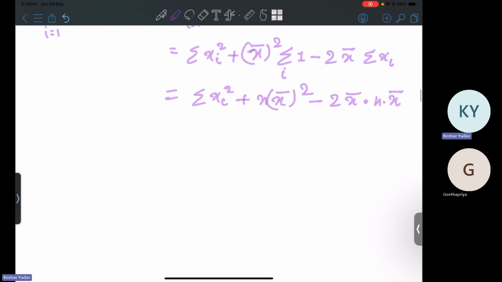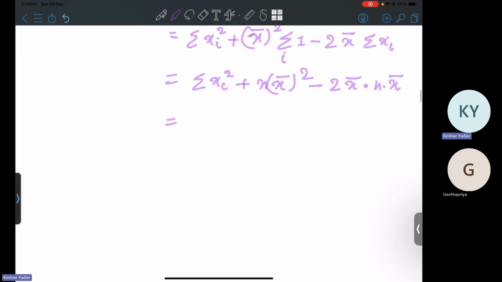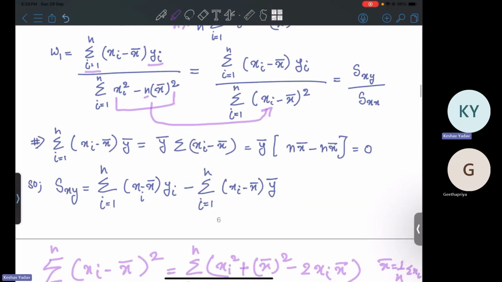So this term will get subtracted, and xi square minus n x bar square can be written as summation of xi minus x bar whole square. So that is why this is written like that. This term is called Sxx and this term is called Sxy. Clear?